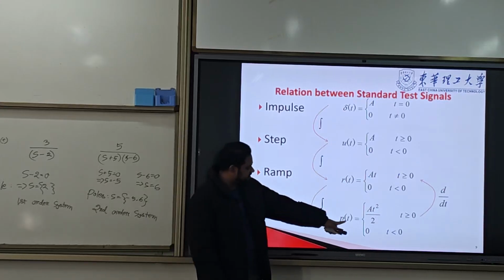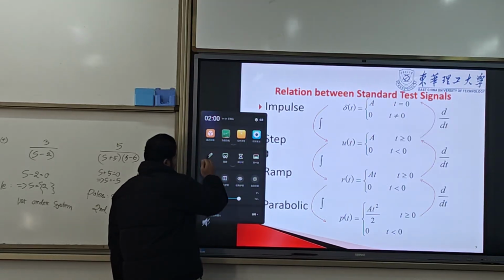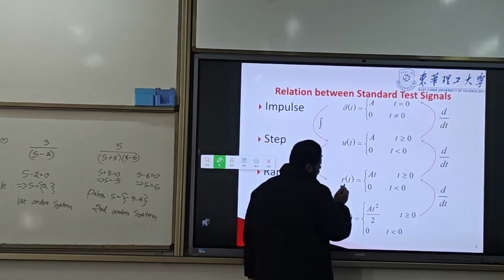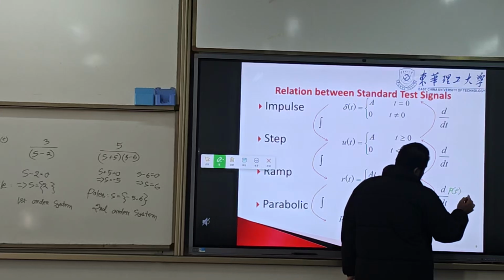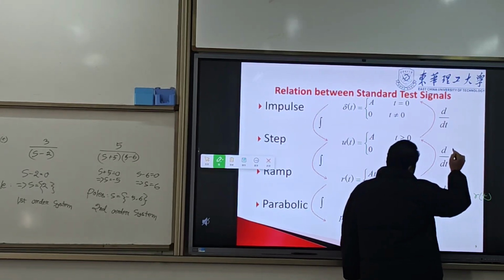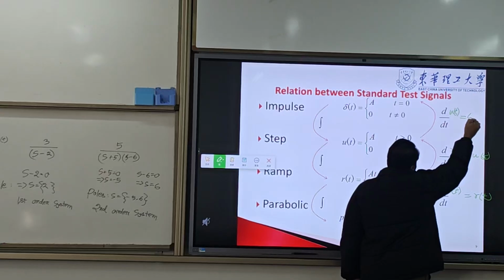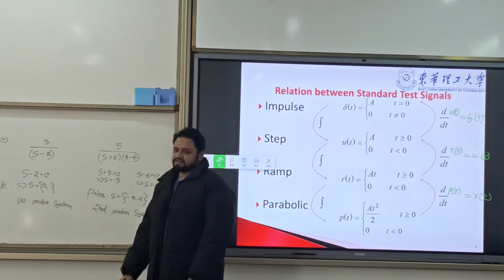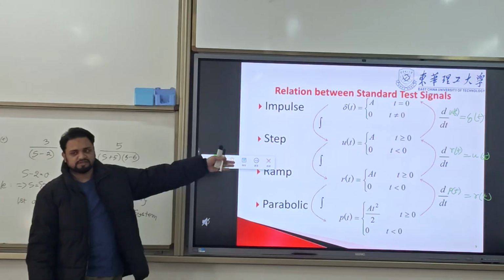If you have a parabolic signal and you want to get Rt, you write d by dt of Pt is equal to Rt. d by dt of Rt is equal to ut, and d by dt of ut will give you delta t. So you can convert one signal to another signal by using integration and differentiation.